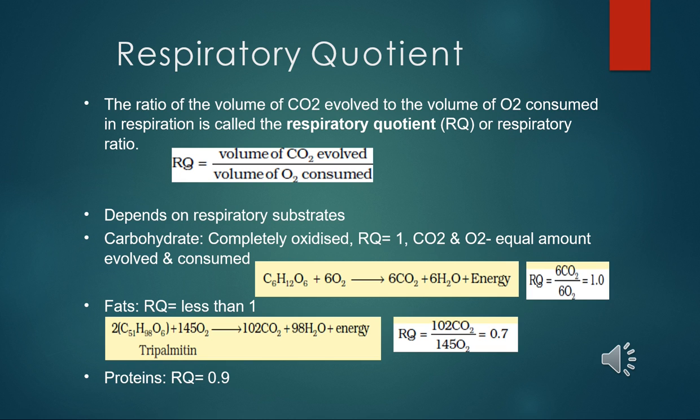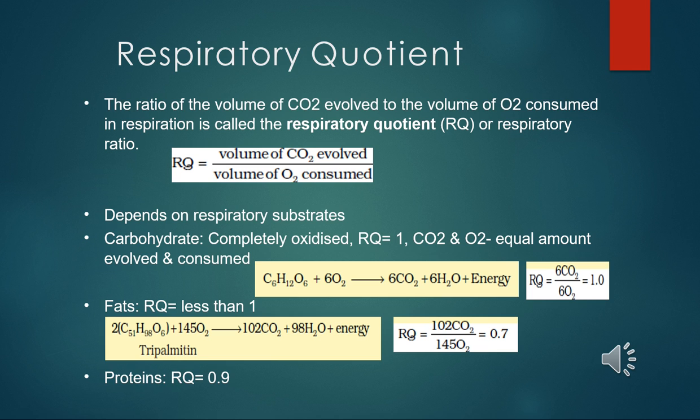In fats, the respiratory quotient will be less than 1. In this reaction, you can see tripalmitin plus 145 oxygen, and when these react, 102 molecules of carbon dioxide and 98 molecules of water are evolved and energy is produced. So here the respiratory quotient is equal to 102 carbon dioxide evolved divided by 145 molecules of oxygen consumed, which is about 0.7.